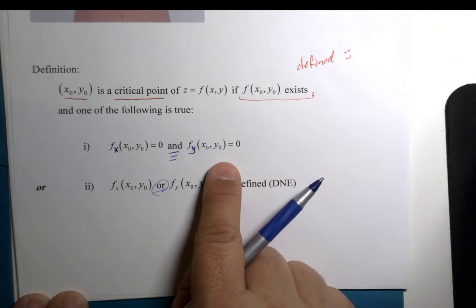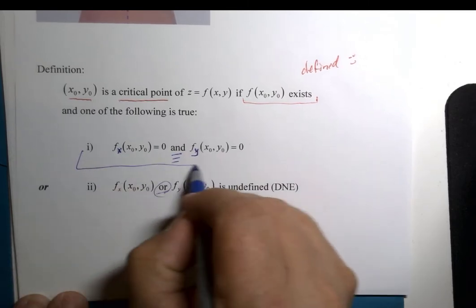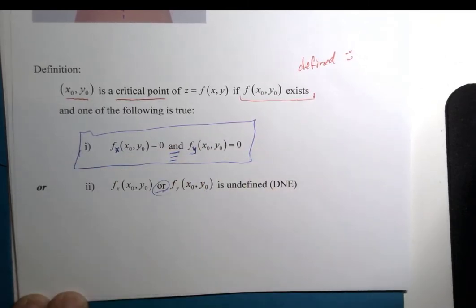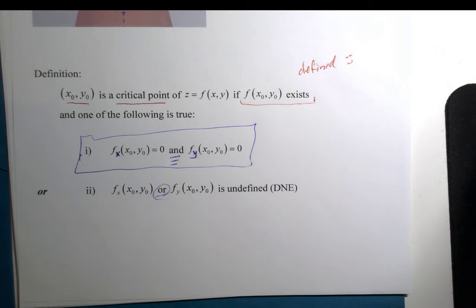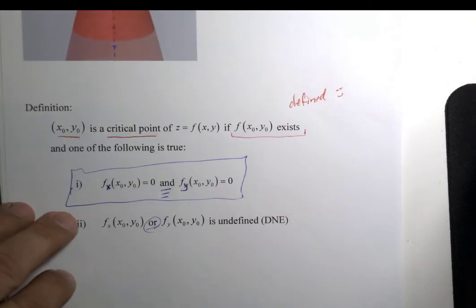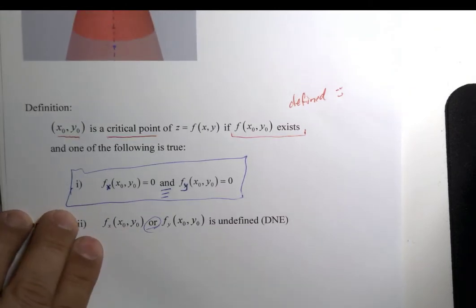So let's see what this scenario looks like on a graph. Okay, so ready? What does it look like if both the x and y partial derivatives are 0 on a graph?